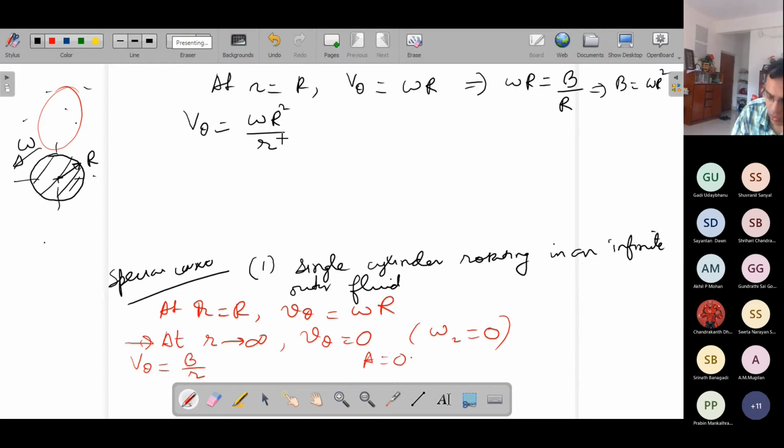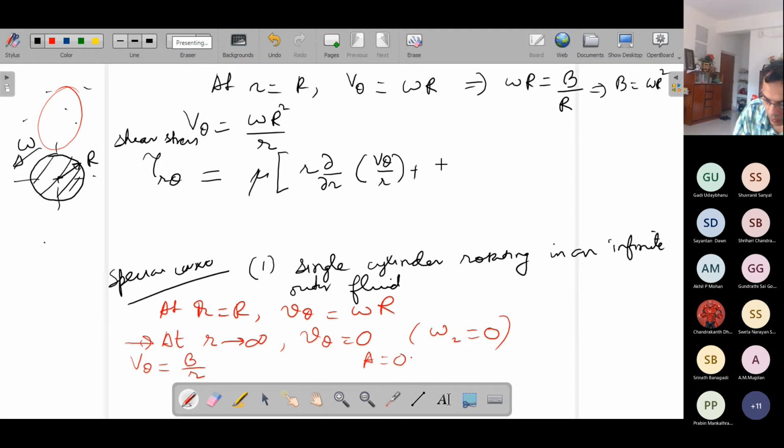Okay. So now we will find out what is the shear stress. So this is tau r theta, the tangential stress. Instead of the tau xy, this is now tau r theta. I will write this expression in the cylindrical polar coordinate system. So let us substitute that.